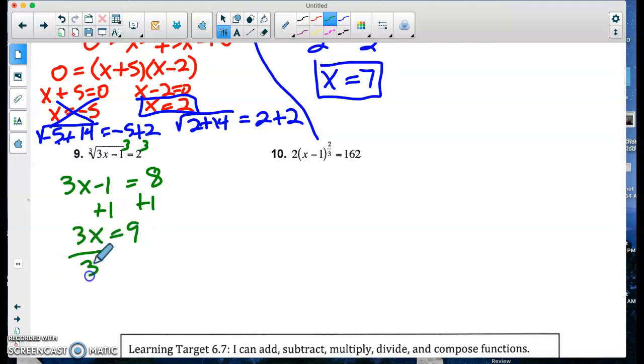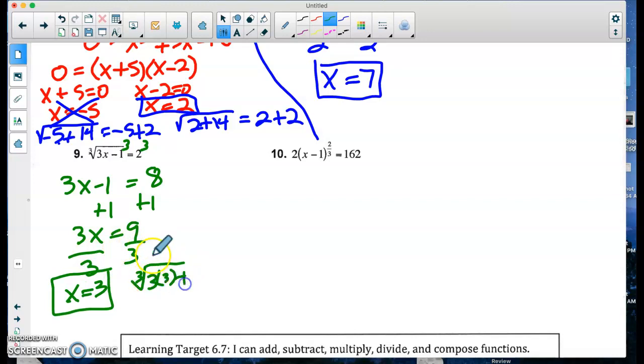We're dividing. And I have x equals 3. Again, I need you to check, and it can be a quick calculator check. Make sure both sides equal the same thing. And yes, when you plug this in, we get 2. So yay, that worked out.